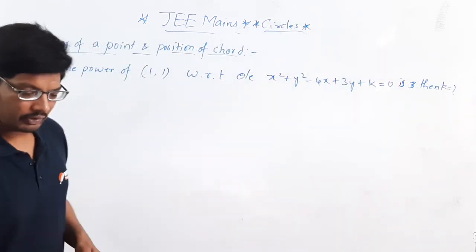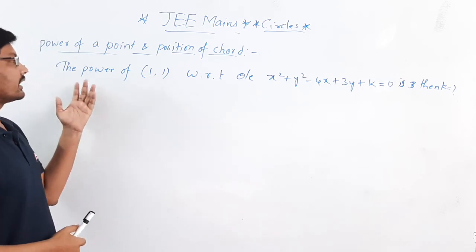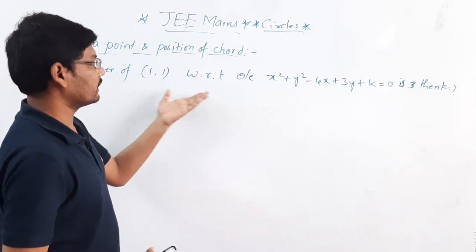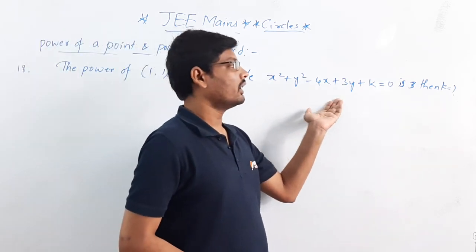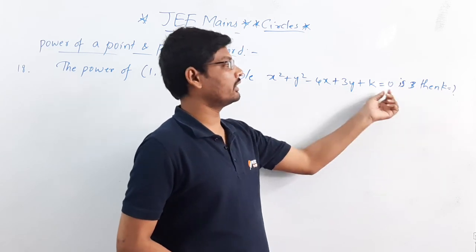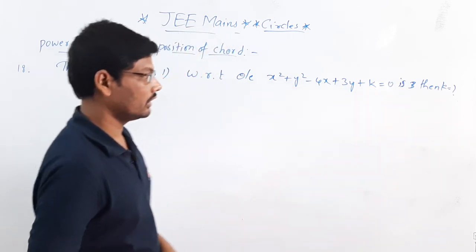This is the question. First we have to understand the question here. The power of (1, 1) with respect to this circle is 3 is given. Then he is asking to find the value of k here.